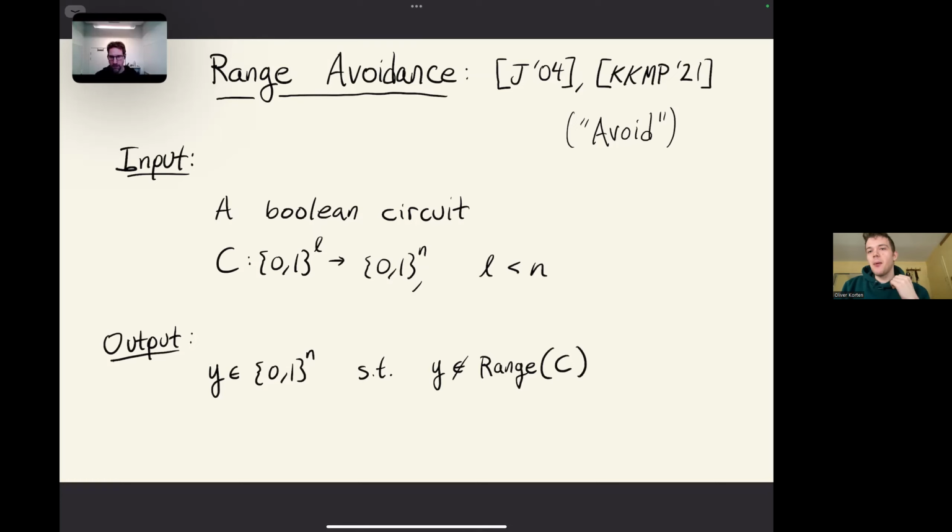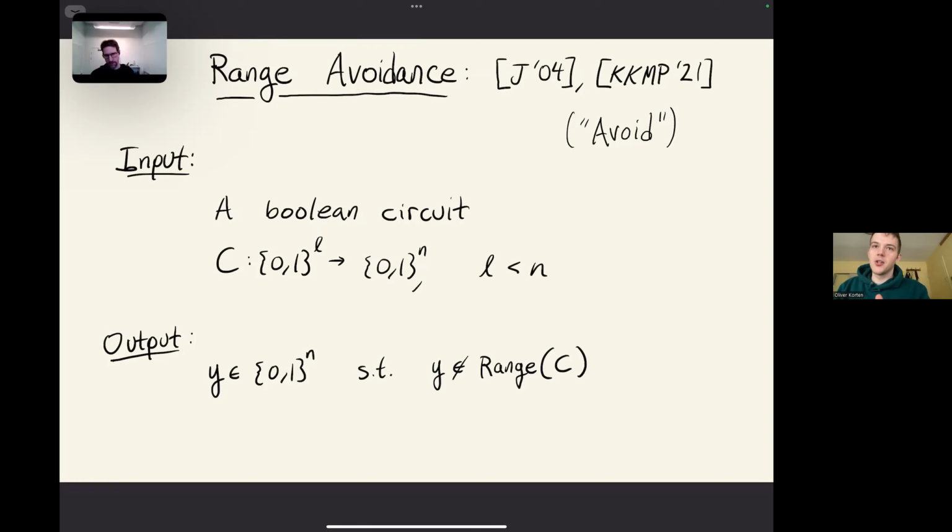In this problem, the input is a Boolean circuit that has fewer input wires than output wires. The solution you're seeking is a string y in {0,1}^n that's not in the range of this circuit. You can see from the pigeonhole principle that this problem is a total search problem, because any function that maps a smaller space to a bigger one cannot cover the whole codomain.